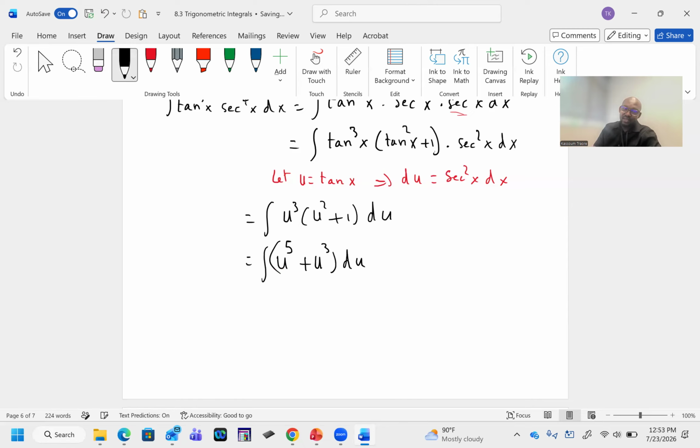The antiderivative is 1 over 6 u to the power of 6 plus 1 over 4 u to the power of 4 plus c. And what is our u? Tangent. So my final answer is 1 over 6 tangent to the power of 6x plus 1 over 4 tangent to the power of 4x plus c. And that's it.